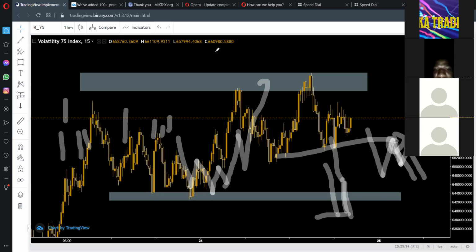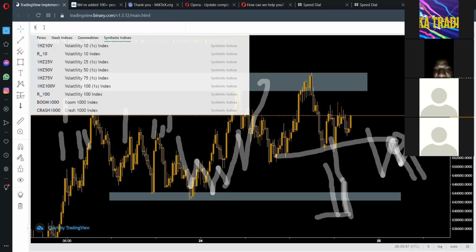About our synthetic indices, from volatility 10 down to 75, both the seconds and the ordinary ones, which one is good for trading? I can see some pairs whose movement is not good.